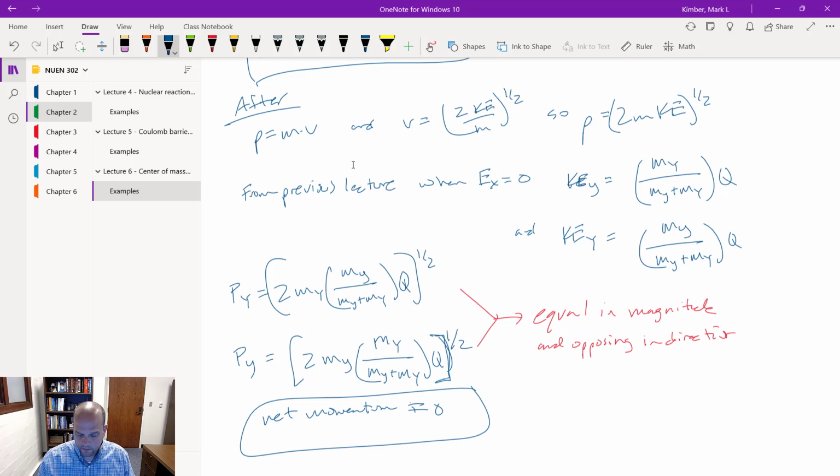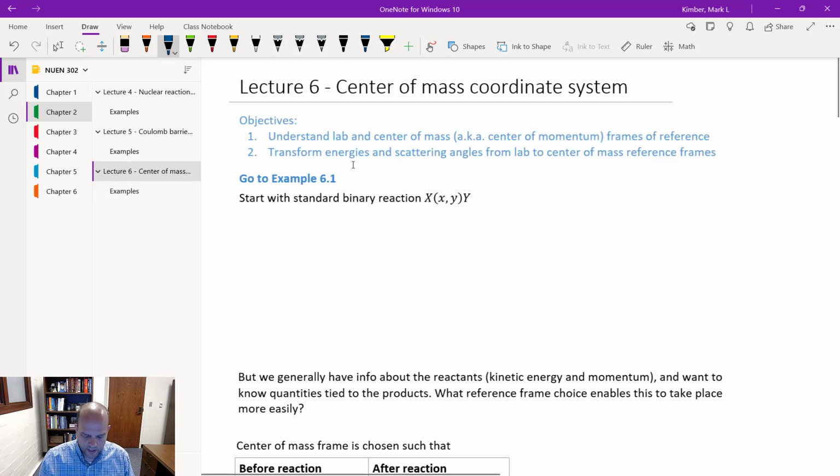So we did this to help us understand what this whole center of mass frame of reference is in reference to. So let's start with this binary reaction now, where we've got a light particle, our projectile, and that's going to be sent to the heavy particle, our target.